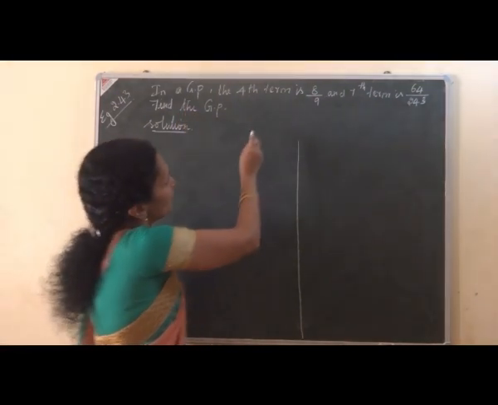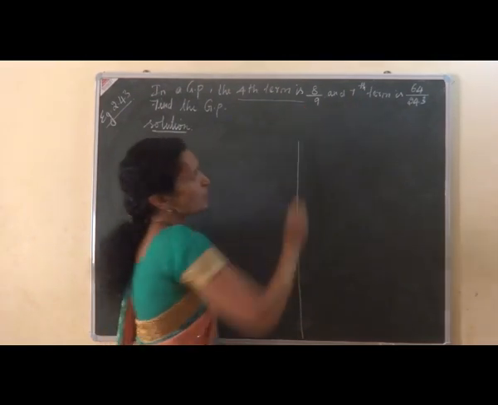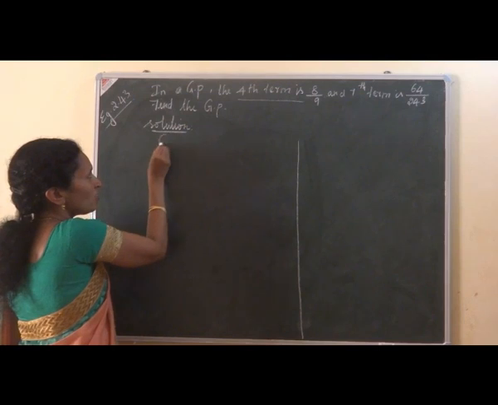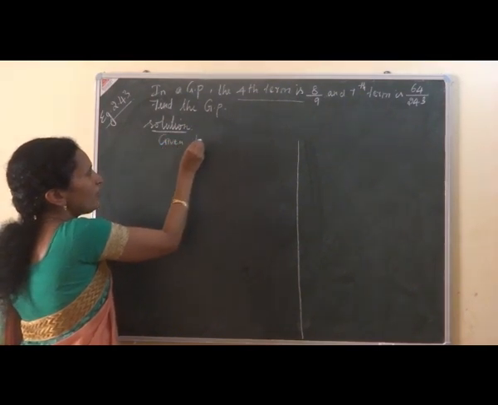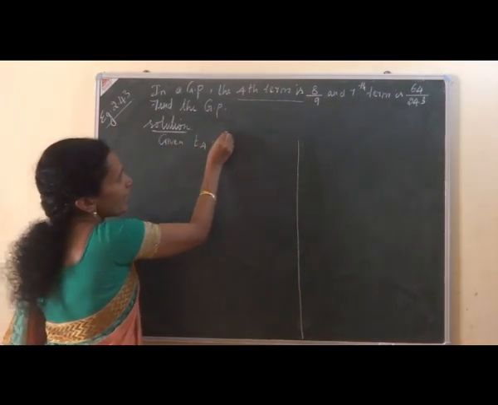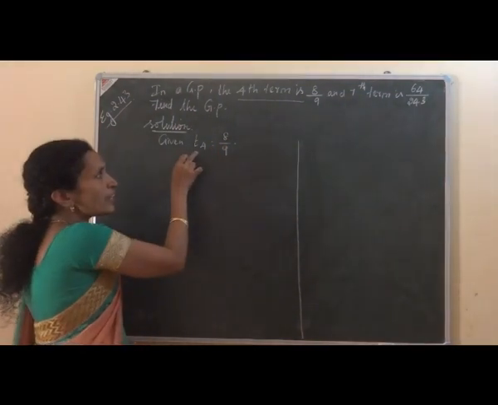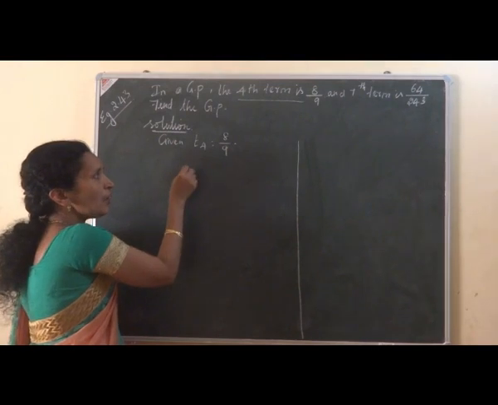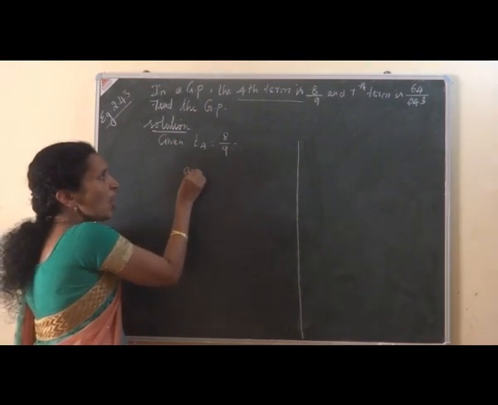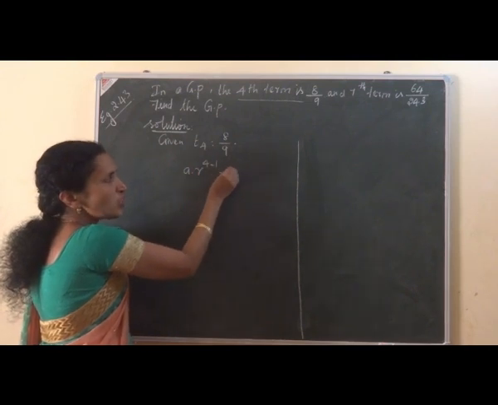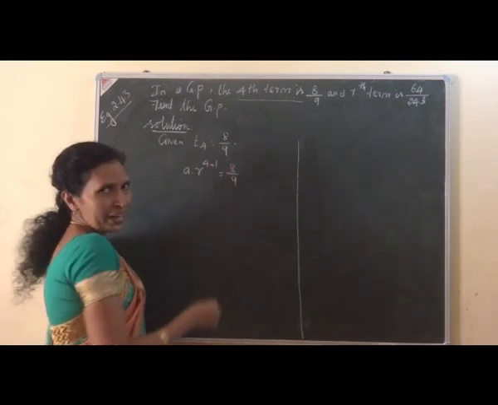In a geometric progression, the fourth term is 8 by 9. So T4 is 8 by 9. T4 means the formula A into R power 4 minus 1 equal to 8 by 9.